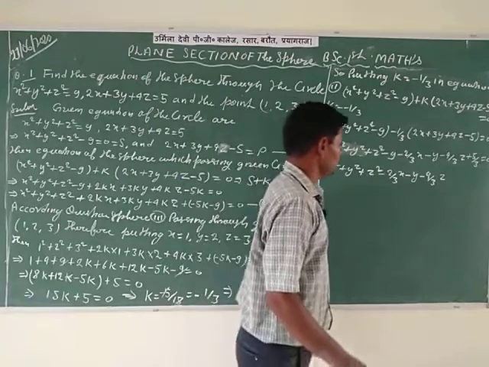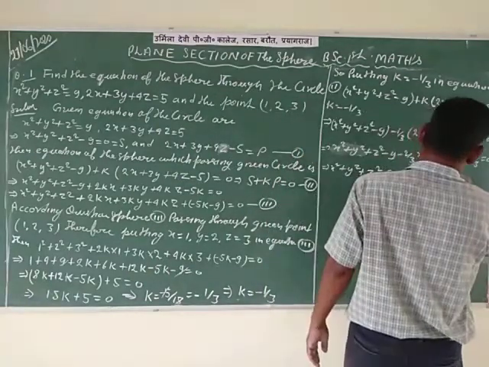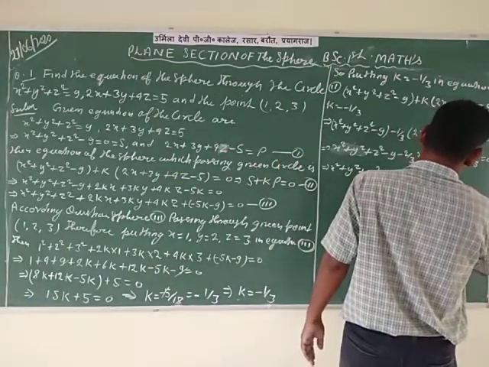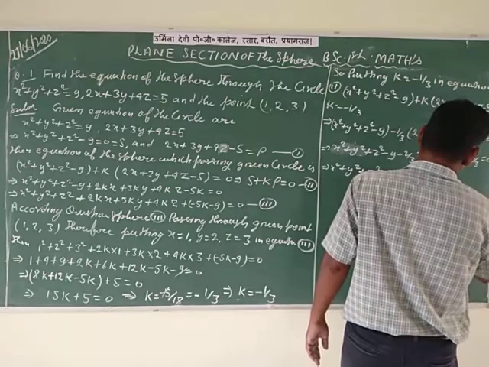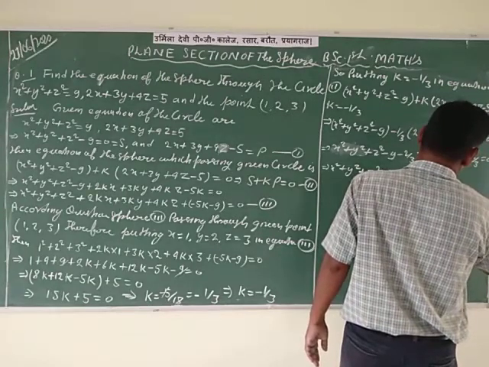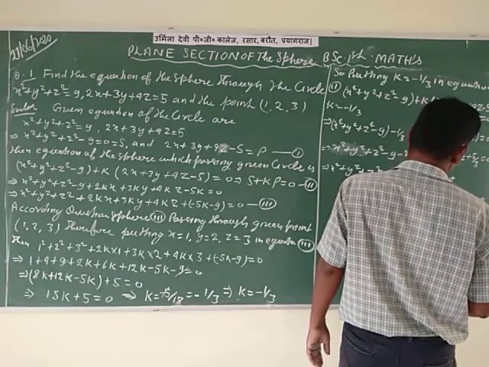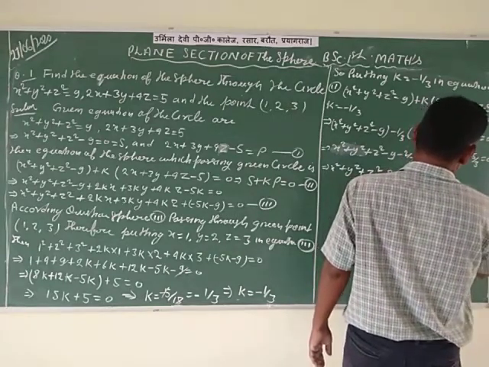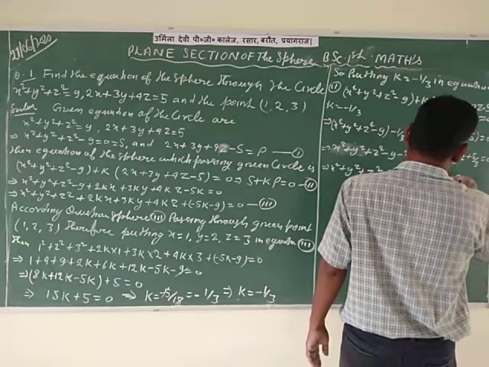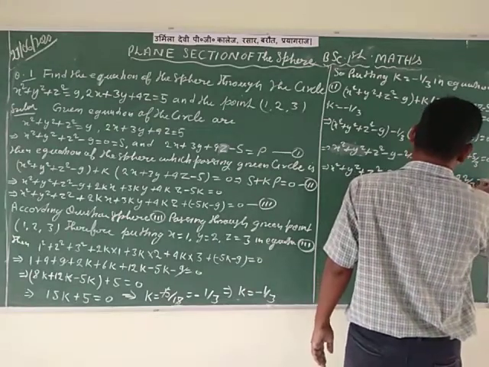After simplification, 5 by 3 minus 9 is 5 minus 27 by 3, which is minus 22 by 3, is equal to 0.